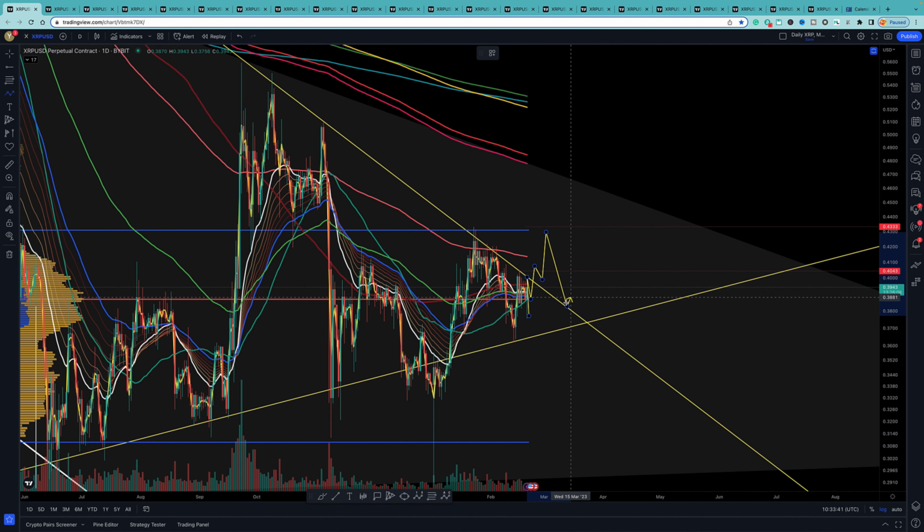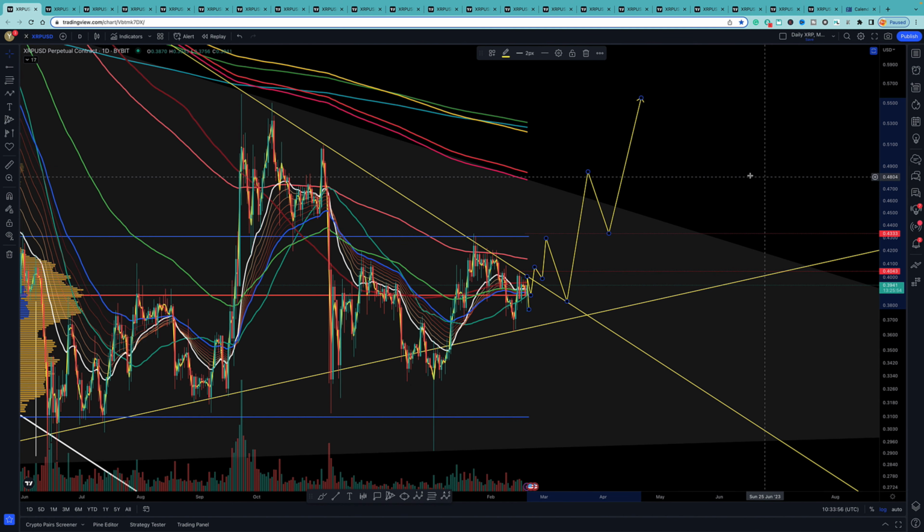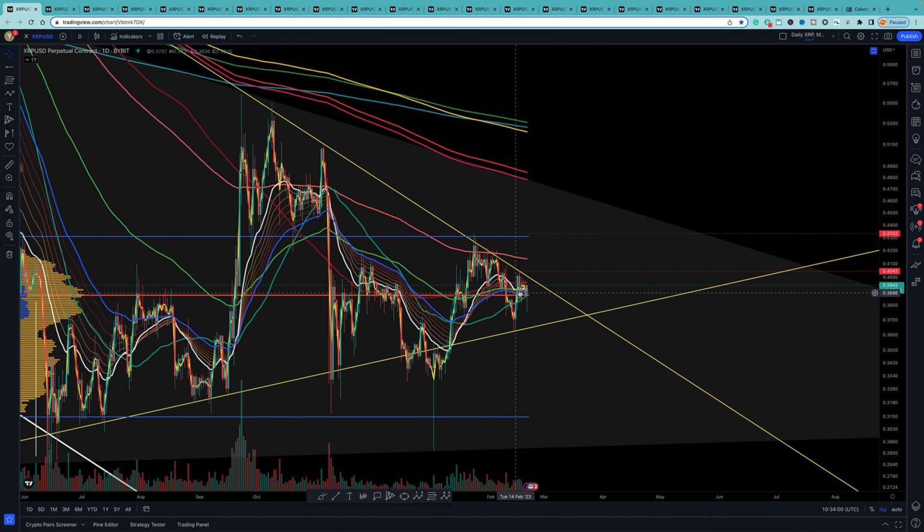We get a pushback for a back test. You get a break up. You get another back test. And again, this is the volatility of breaking out here, and these ranges start to get tested as we go along. So again, that's one of the things I'm watching for.